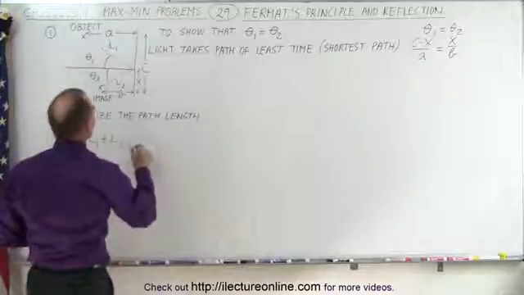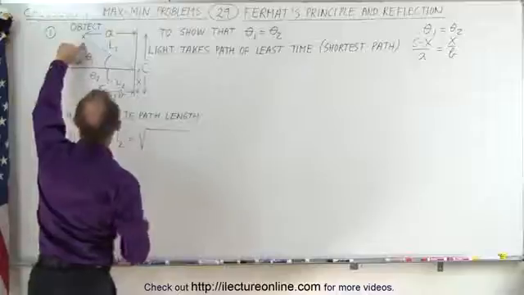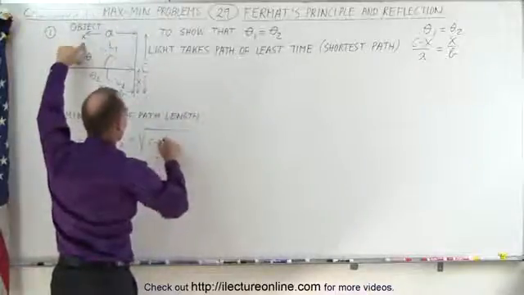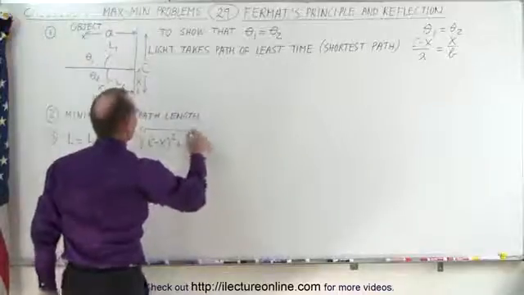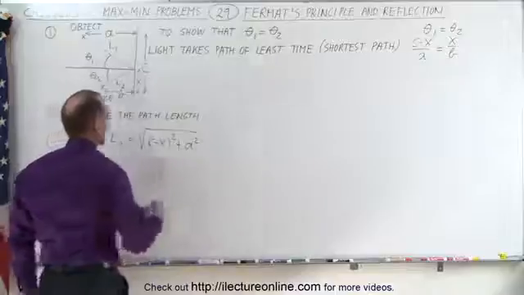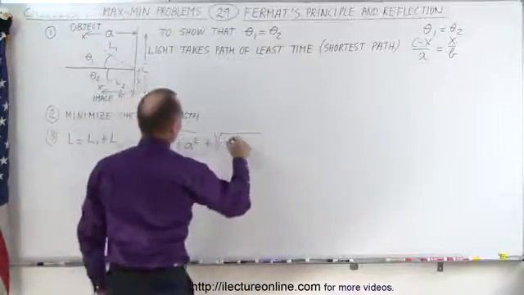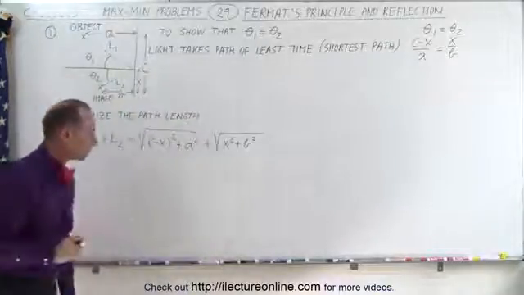And L1 can be defined as the square root of the opposite side, which would be the square root of c minus x squared plus the adjacent side, which is a squared. So that would be length L1 plus length L2, that would be equal to the square root of x squared plus b squared. So this side squared plus this side squared.